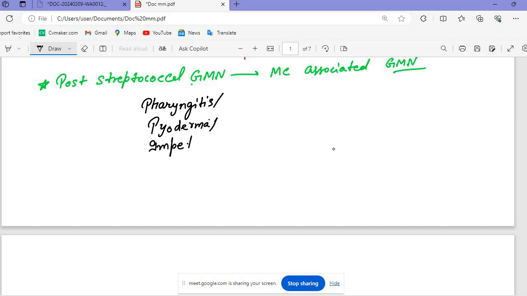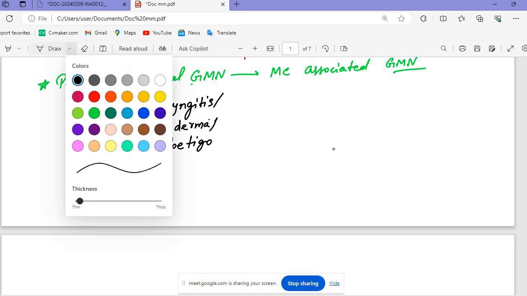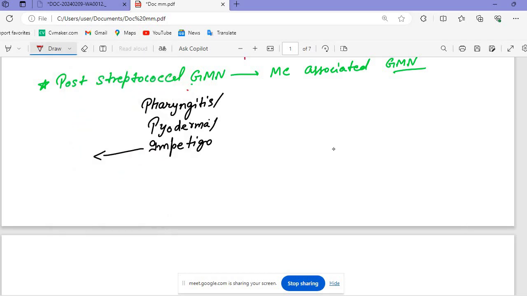Another question of the exam, in impetigo, what we will see? Honey crust appearance. In impetigo, remember, this is again a likely question, note it down, that is honey crust appearance.